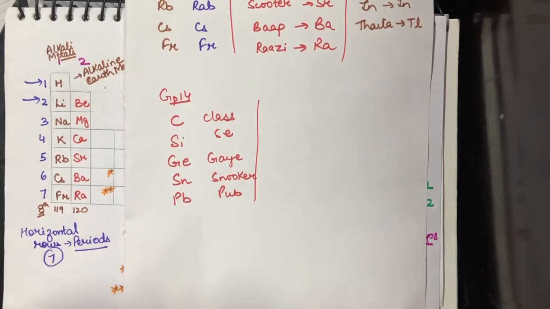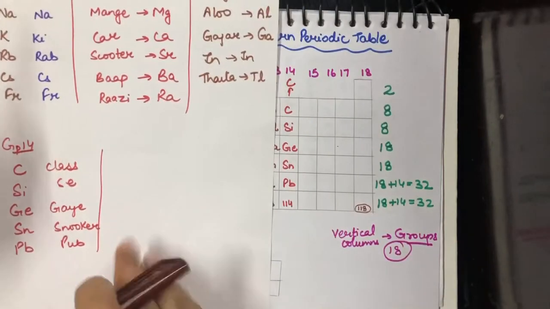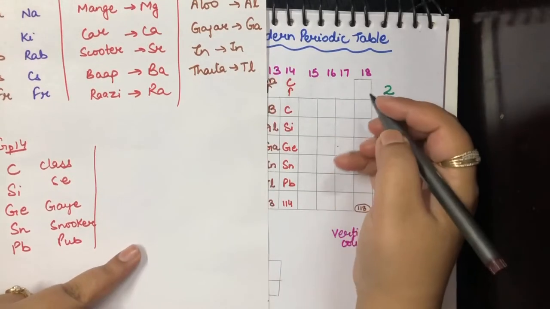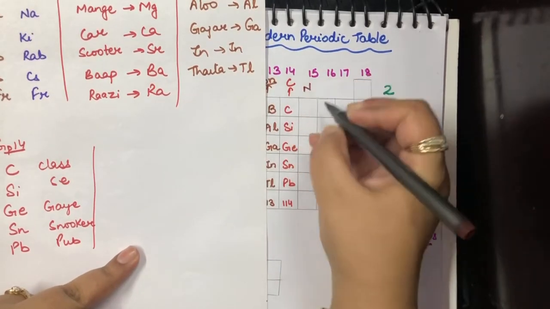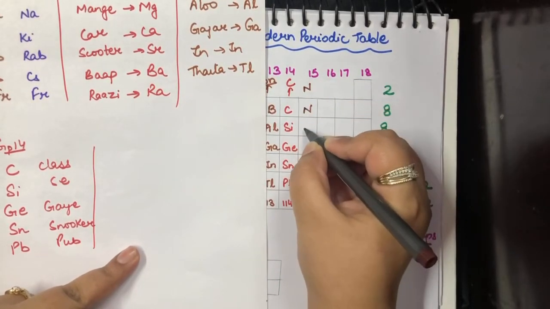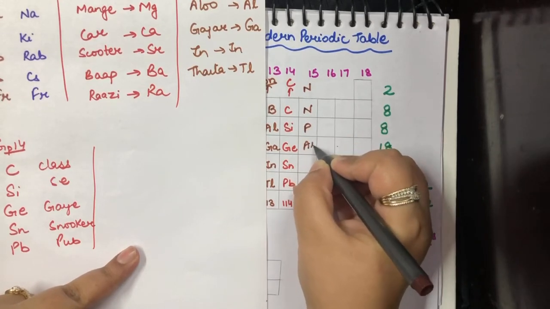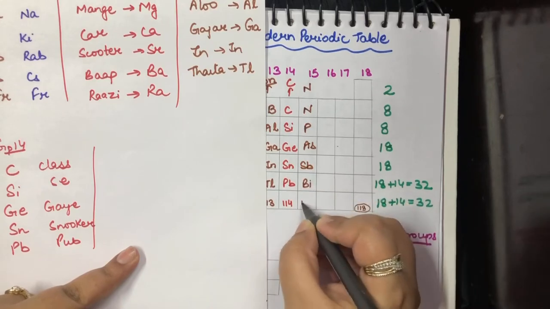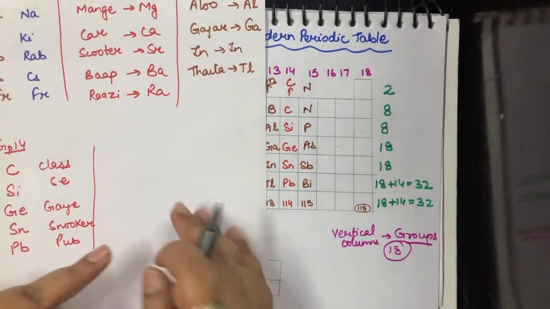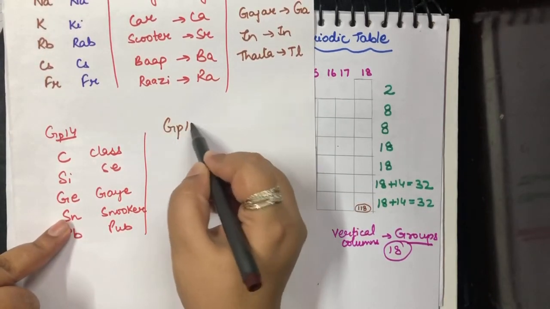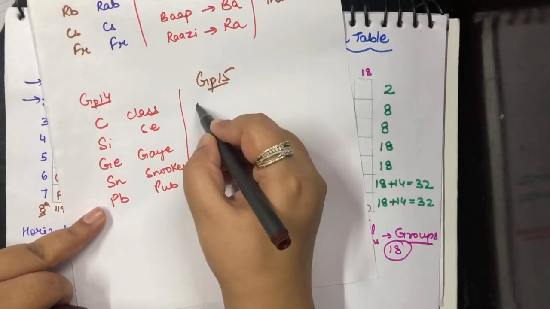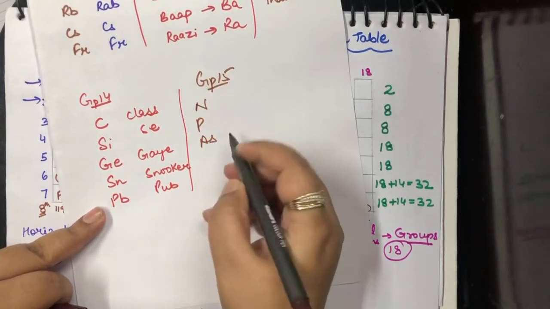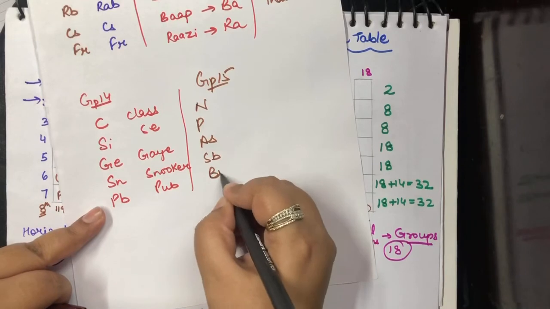Now if I talk about the 15th group, the 15th group is called my nitrogen family. So it is nitrogen, phosphorus, arsenic, Sb is antimony, bismuth, and this is going to be 115. So now if I have to learn it in an easy way, I will again write it: nitrogen, phosphorus, arsenic, antimony, and bismuth.